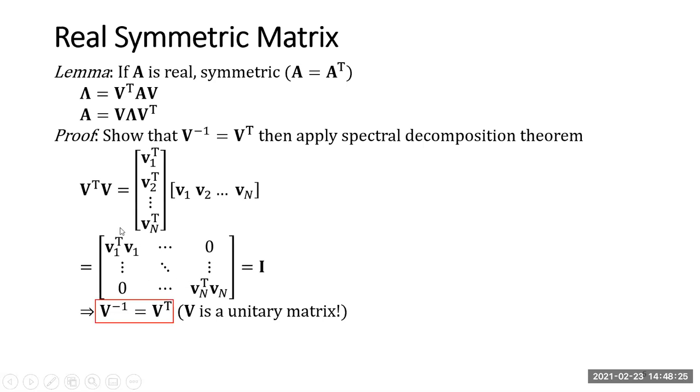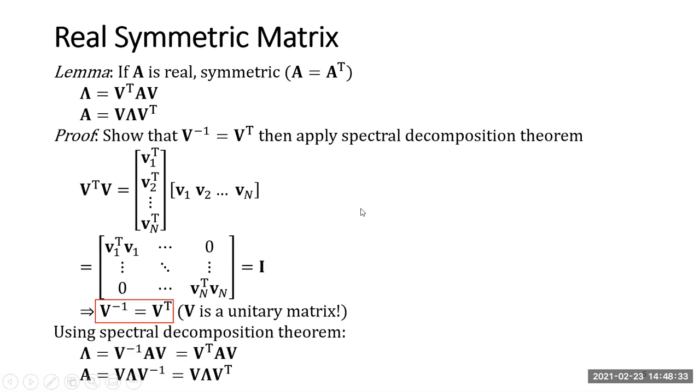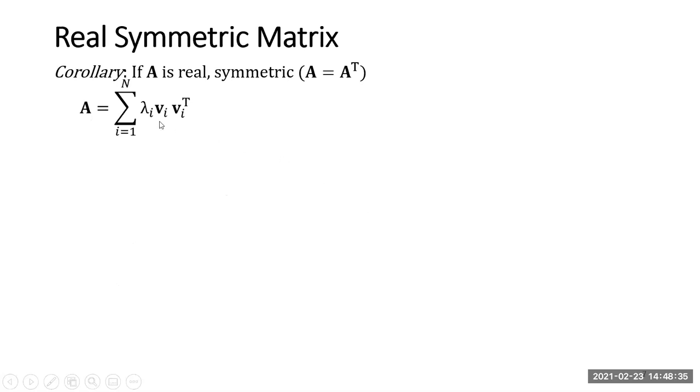Each vi transpose vj, for that matter, is a scalar, an inner product. But this outer product vi vi transpose would be a matrix of the same size as A. Moreover, the rank of vi vi transpose, I'll explain that later, would be rank 1. Each of them will be a rank 1 matrix. But that's for later. So A equals this summation, lambda i vi vi transpose.